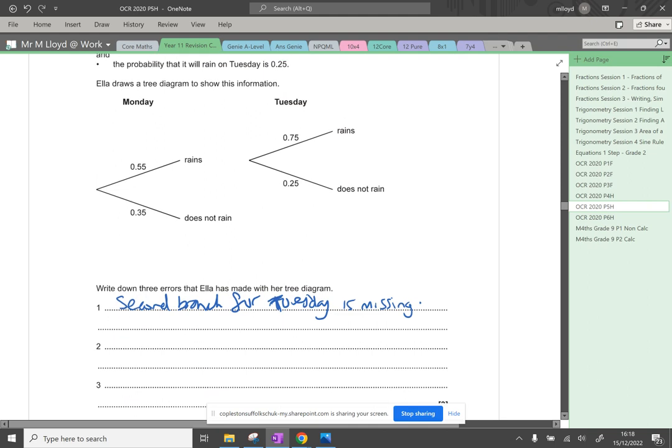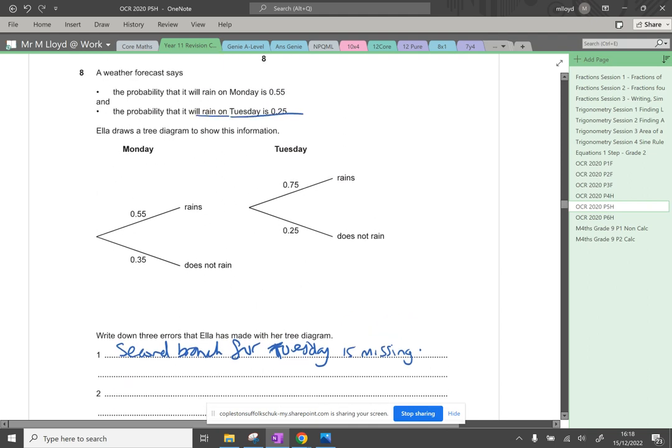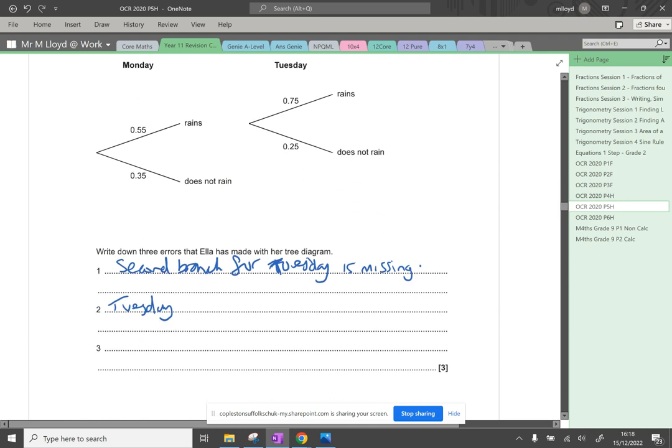Part 2, probably a little rain. Tuesday is 2.5. We've got them the wrong way around. So Tuesday probabilities are the wrong way around.